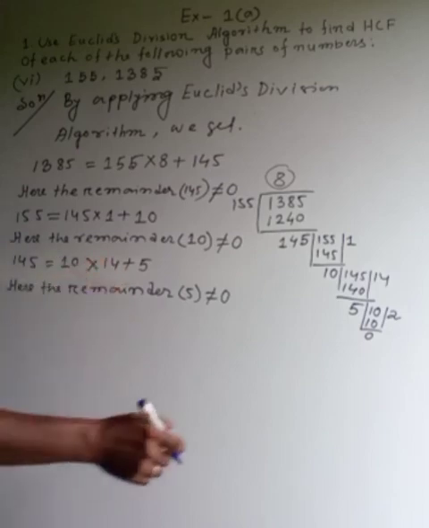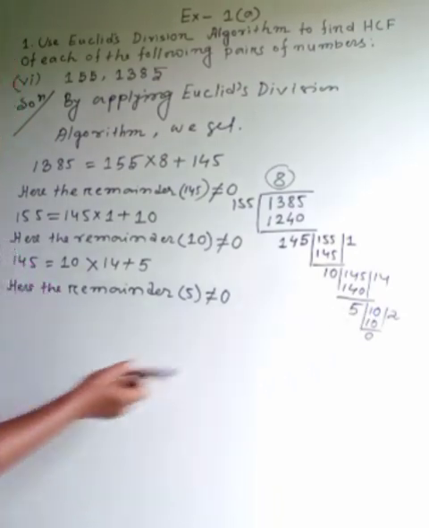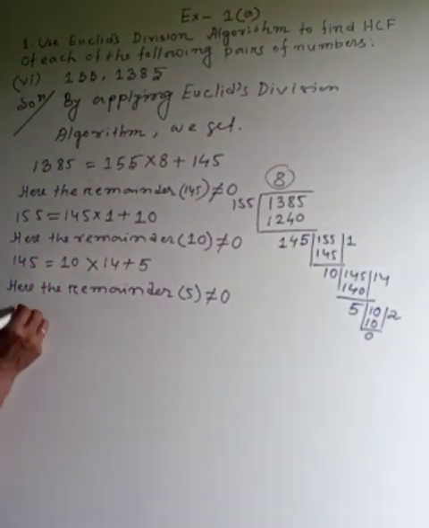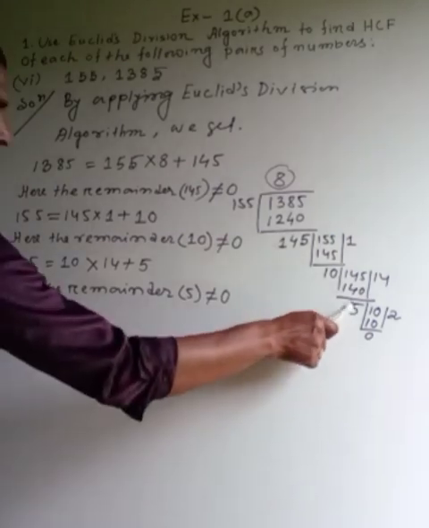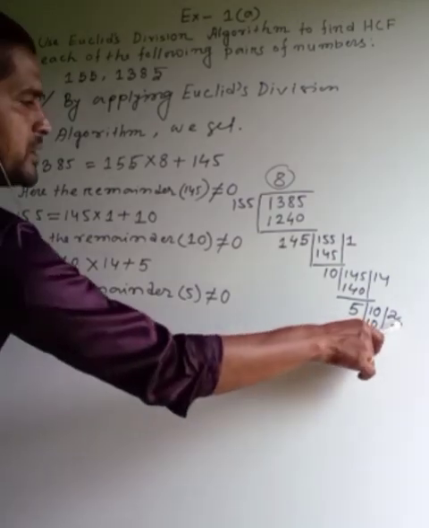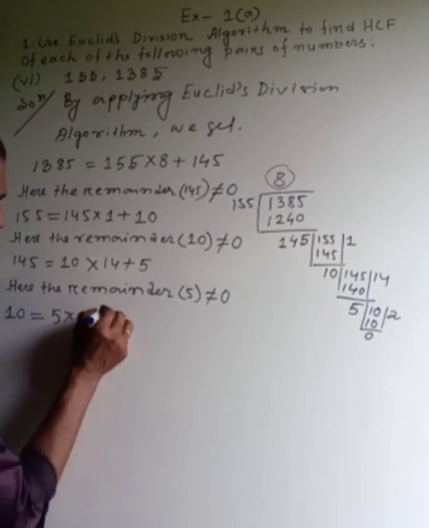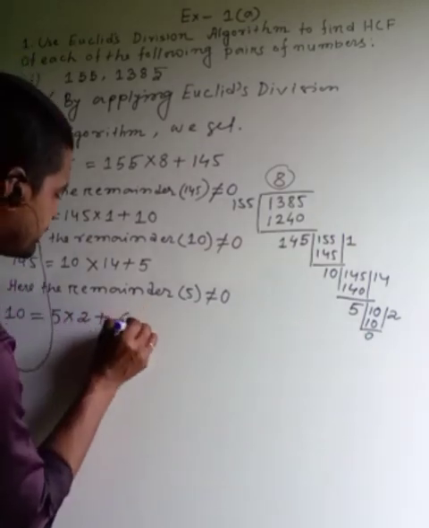After this part, what we have done, we divide this 10. It means 10 is the dividend and 5 is the divisor, and 5 2s are 10. 2 will be the quotient, plus remainder is how much? 0.